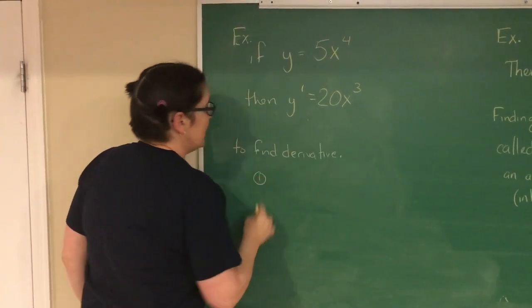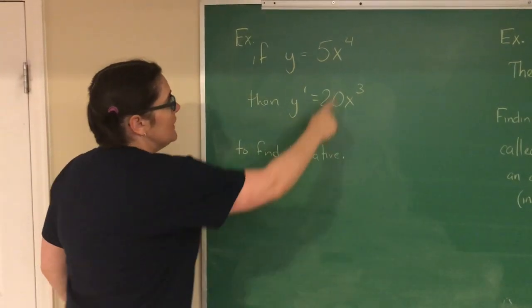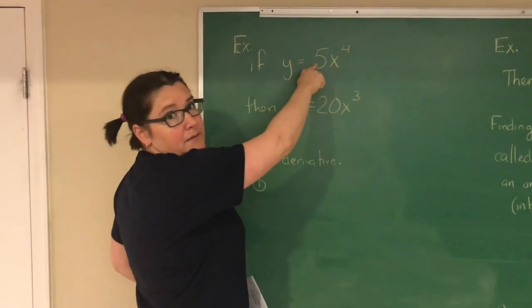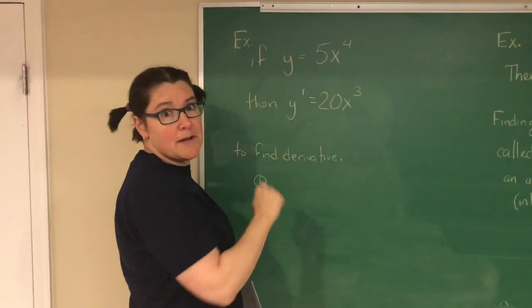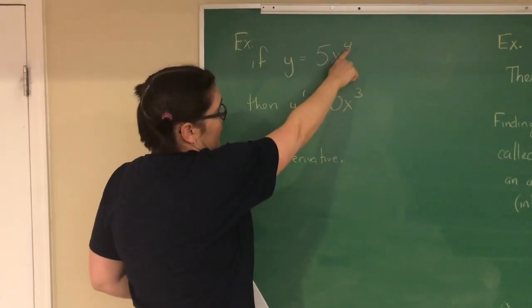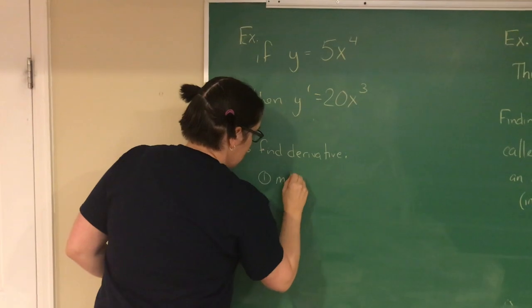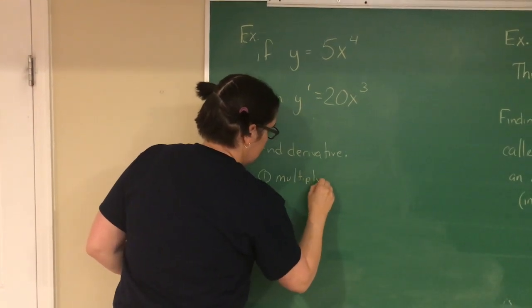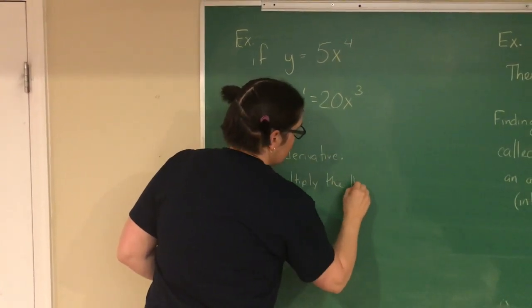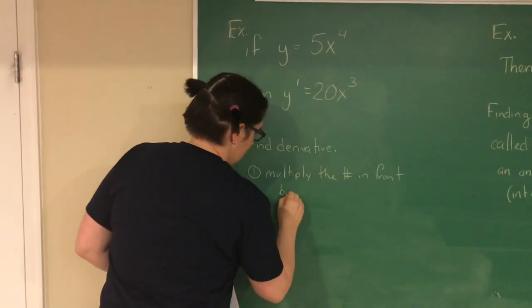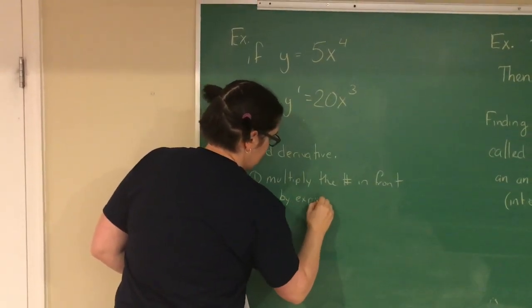So the first step in finding our derivative is that we took the power that was up here, the exponent, we brought it down in front, and we multiplied by whatever that number was in front. So we took that 4 times the 5, and it gave us 20. So the first step is that we multiply the number in front by the exponent.